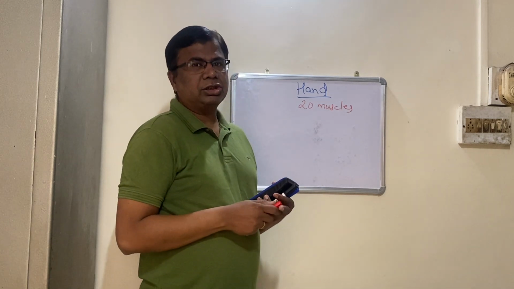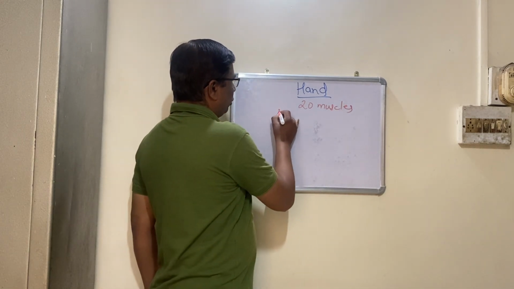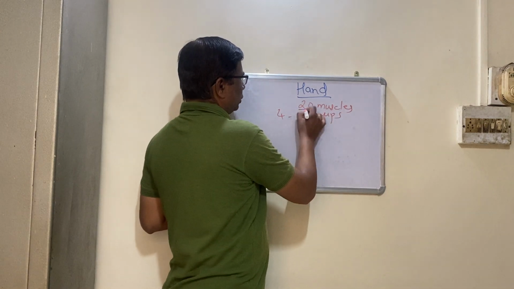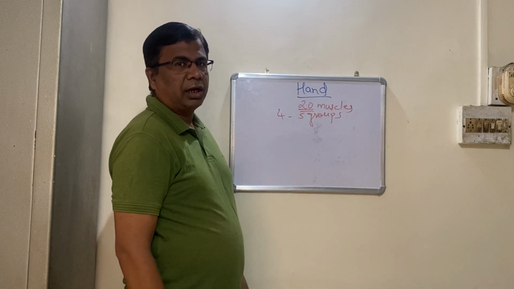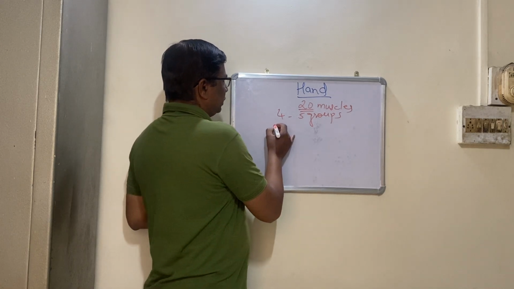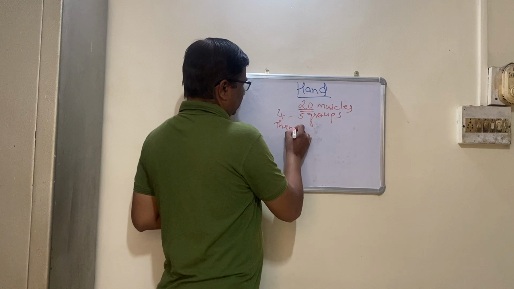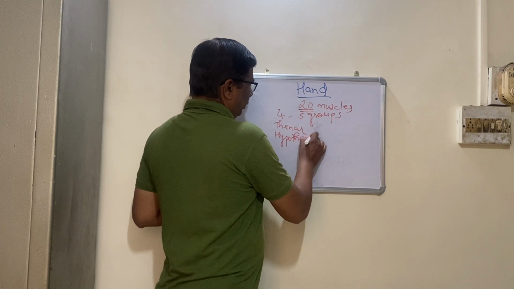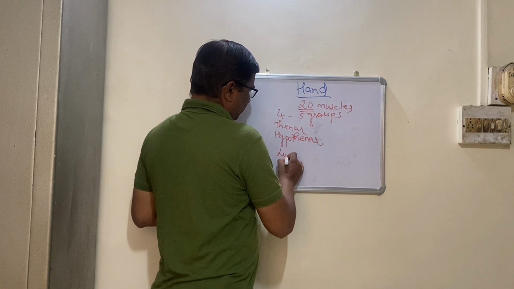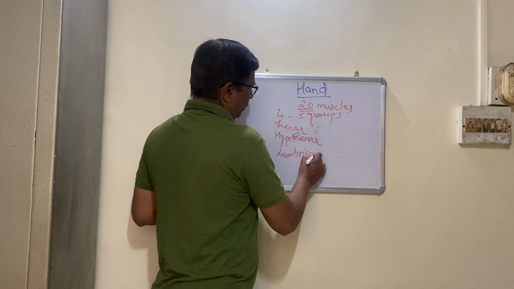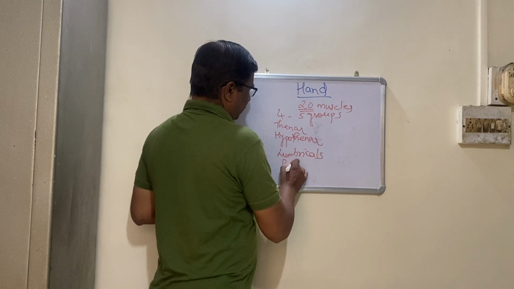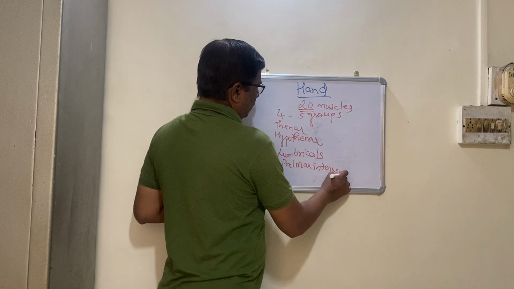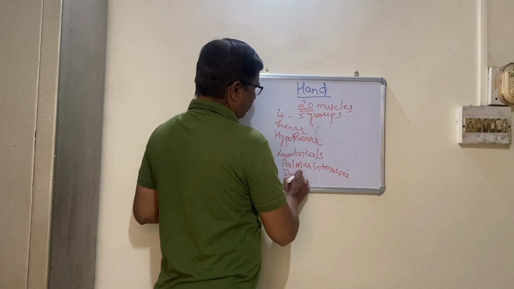Now how are these 20 muscles arranged? You have 4 muscles in 5 groups, so the total is 20 muscles. Which are these groups? You will have thenar muscles, hypothenar muscles, lumbricals, palmar interossi, and dorsal interossi.